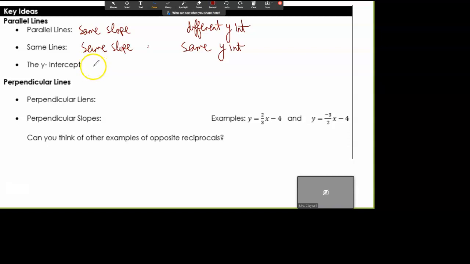The y-intercept moves or shifts the graph up or down.